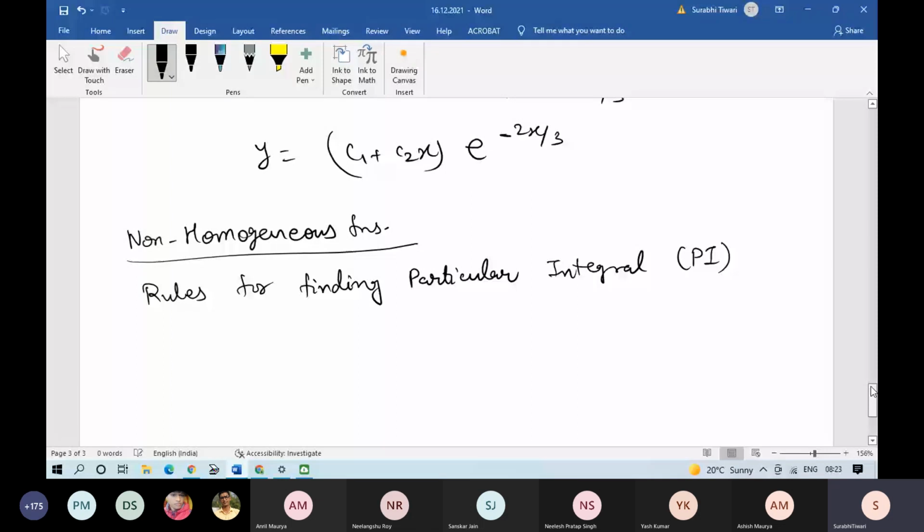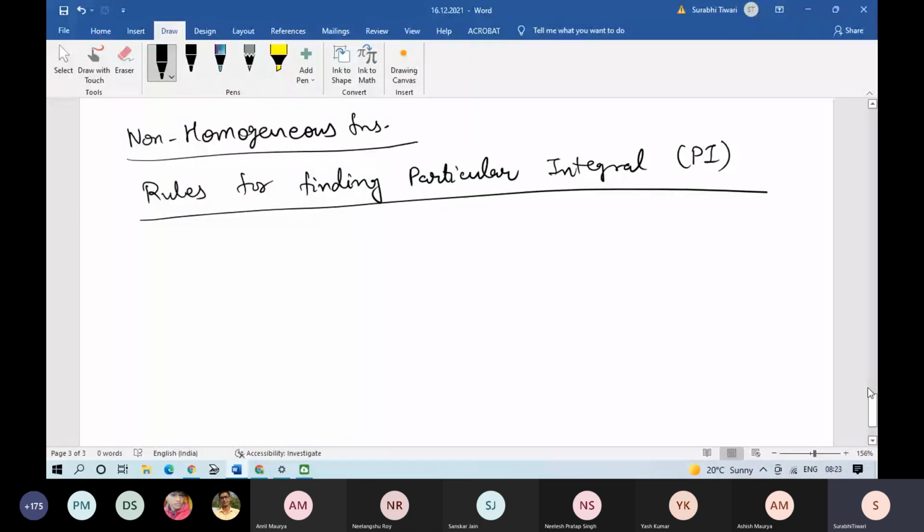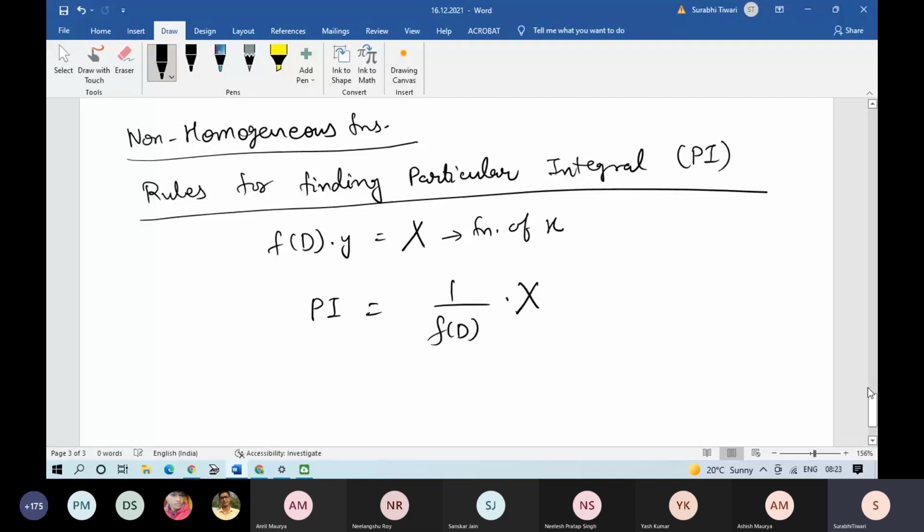We will write PI. Now the equation is of the type f(D) y is equal to capital X, where capital X is a function of x. This is a function of small x. So the particular integral is 1 upon f(D) operated on capital X.